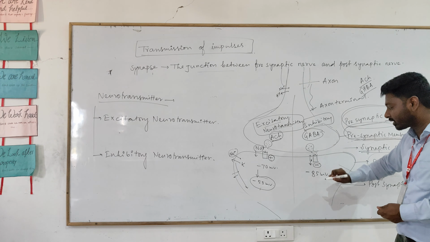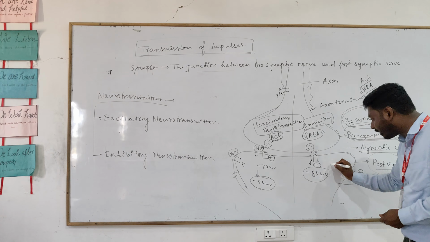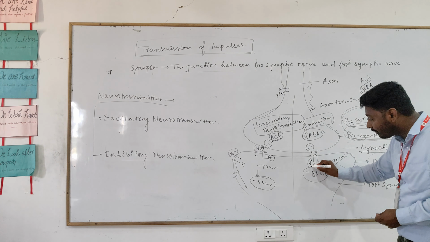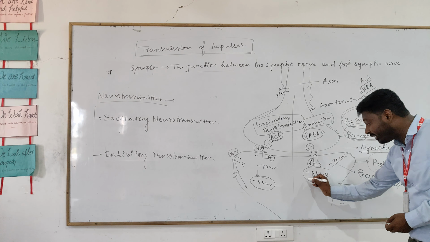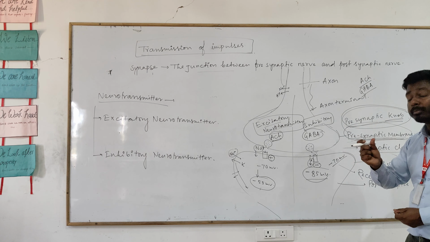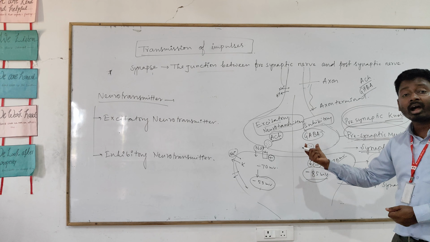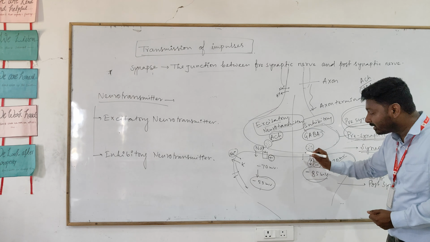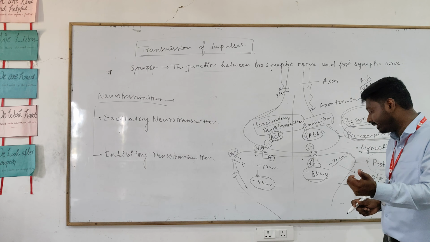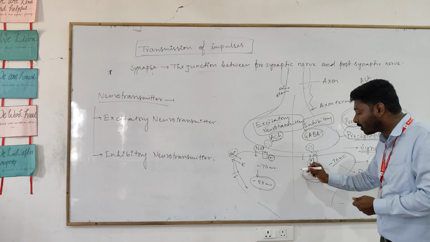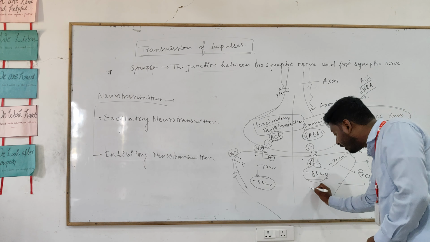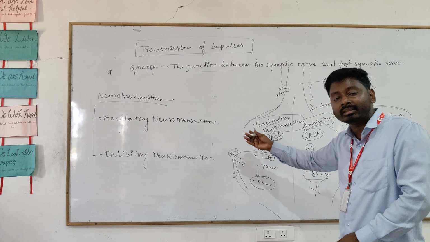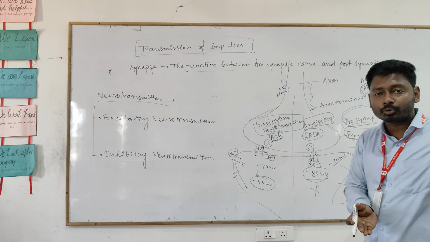Due to the influx of potassium, the normal resting membrane potential of minus 70 millivolt reaches minus 85 millivolt. It means that is a hyperpolarized state. In this state, the action potential cannot be generated. So ultimately, the process of generation of the action potential is not done in the case of an inhibitory neurotransmitter. In the case of an excitatory neurotransmitter, this process is continuously transferred to the next neuron.